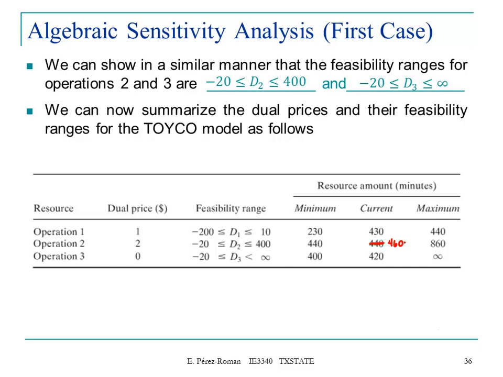The answer is no, because the maximum that you can increase the capacity of operation 1 is 10. So go back and review what this means. Again, dual price: a unit of capacity that you add to operation 1 will increase your revenue, the objective function, by 1. This will increase that by 2, and so on. Any questions so far?